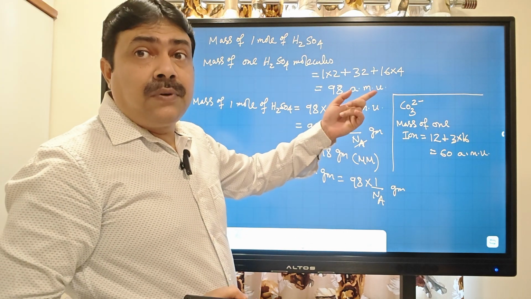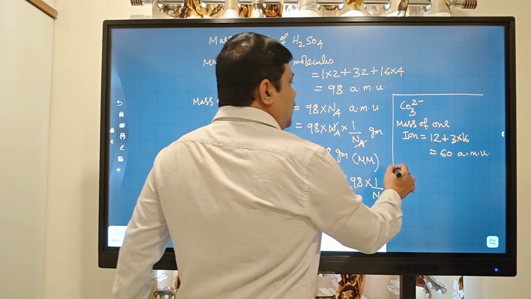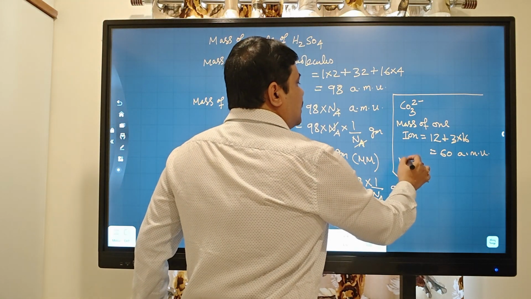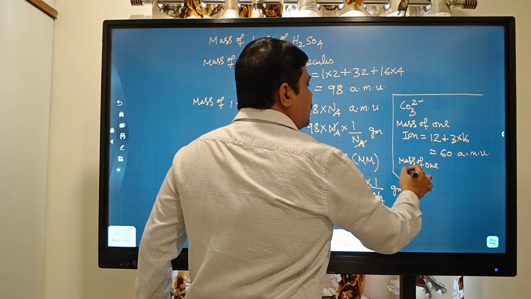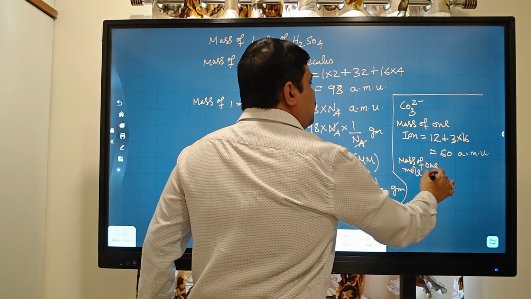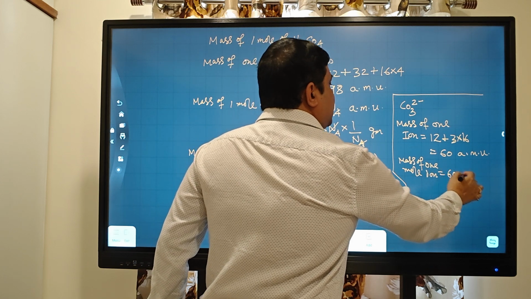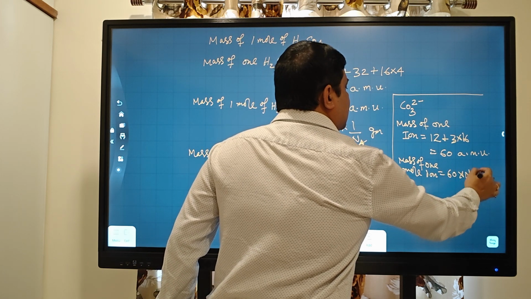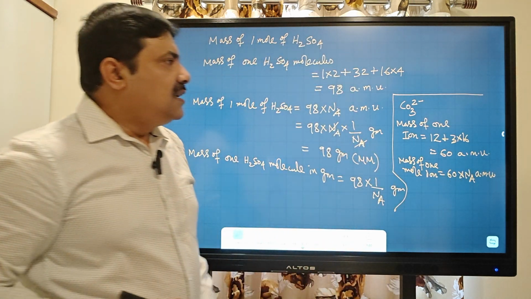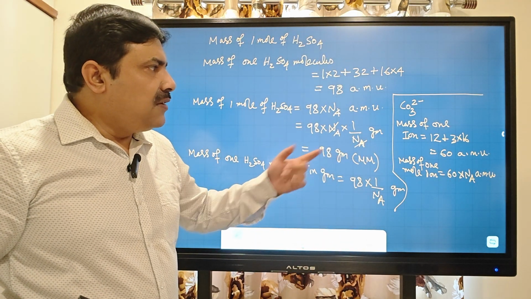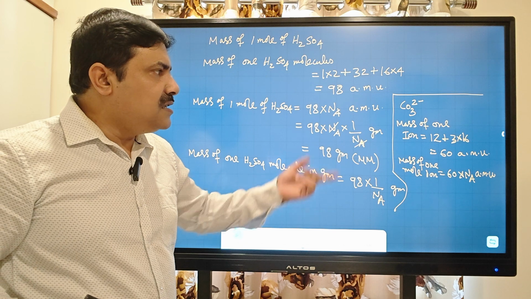Then the mass of 1 mole of ion will be equal to 60 into Avogadro number AMU, because you know very well that one ion is 60 AMU, so an Avogadro number of ions will be 60 into Avogadro number.